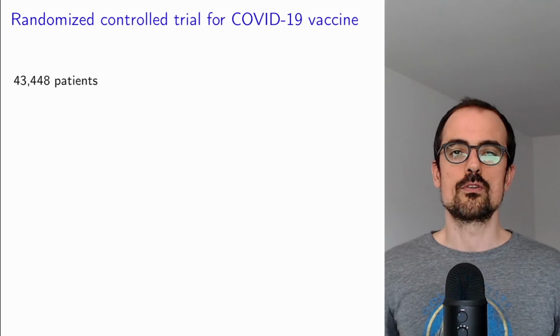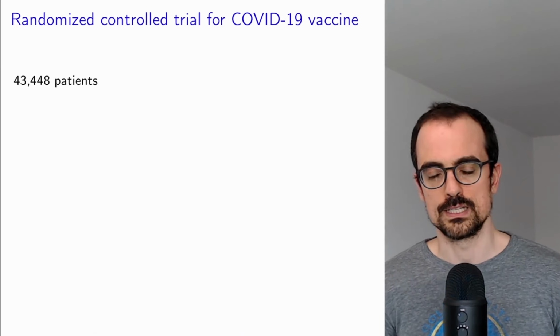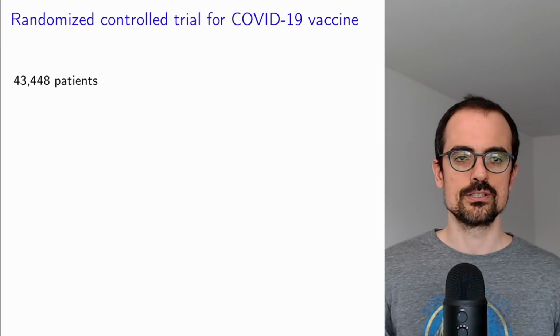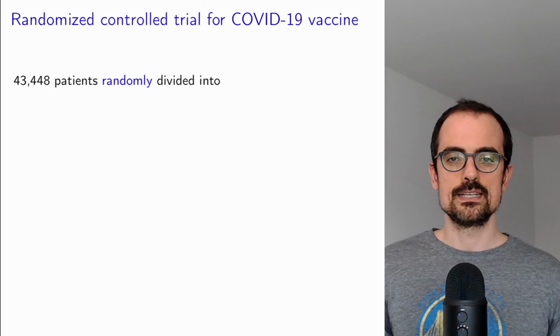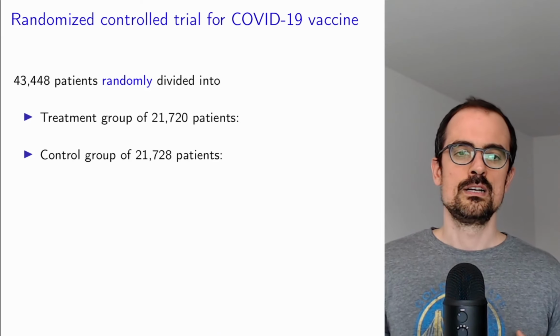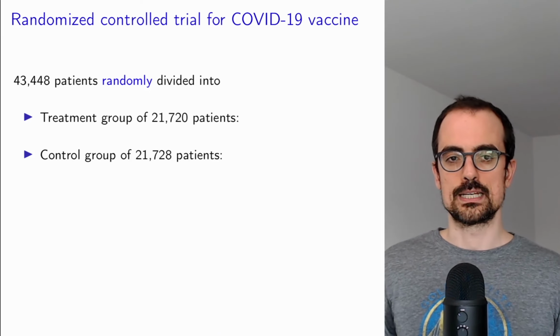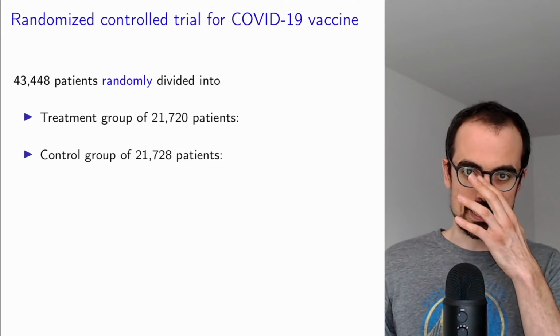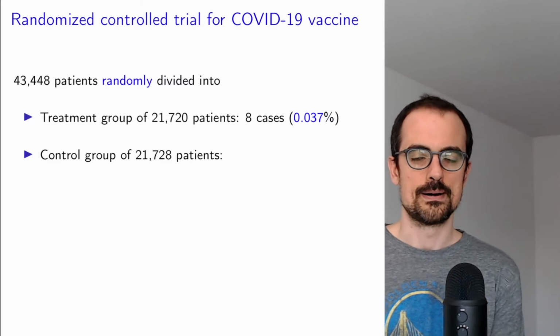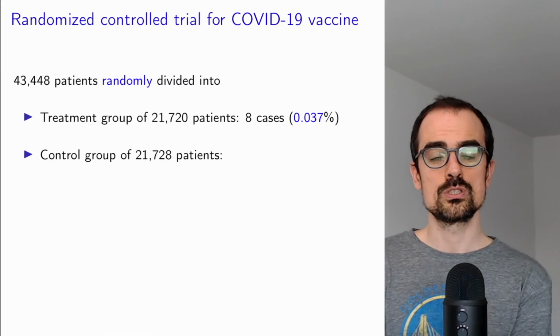This is exactly what they did for the COVID-19 vaccine, or one of the COVID-19 vaccines. There were 43,448 patients that were randomly divided into a treatment group that contained essentially half, and a control group that also contained essentially half. See that here the sample size is very large, so we're not worried about sample size issues.